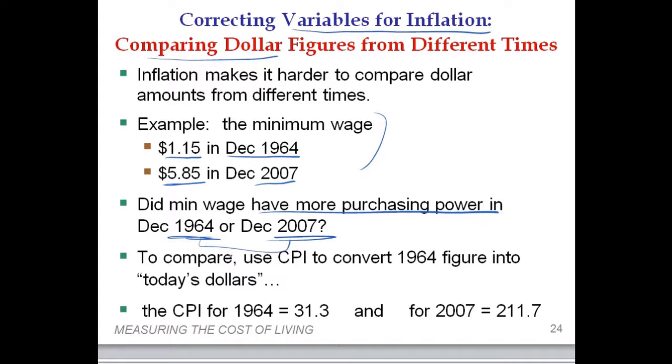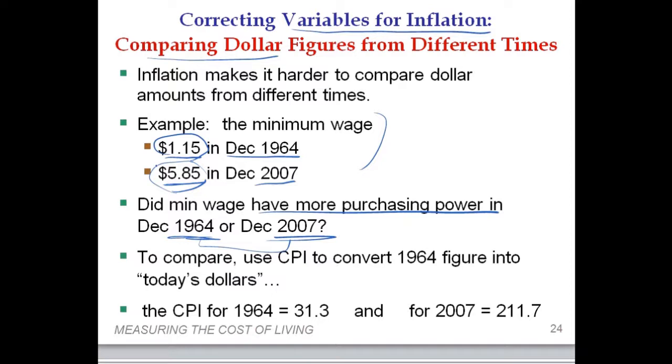At first glance, people may think that, of course, the minimum wage of $5.85 is absolutely more than the minimum wage of $1.15. People would say it is better to have a higher minimum wage.